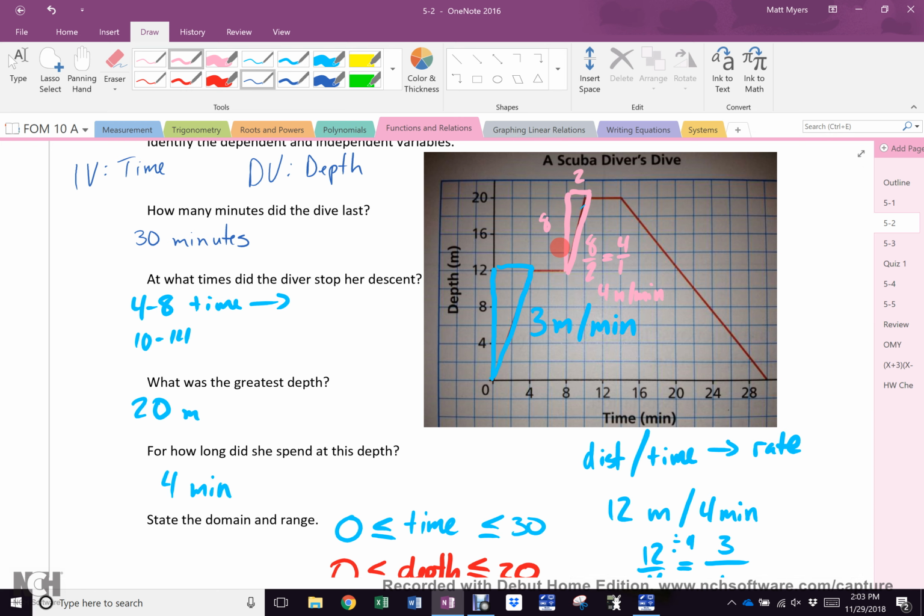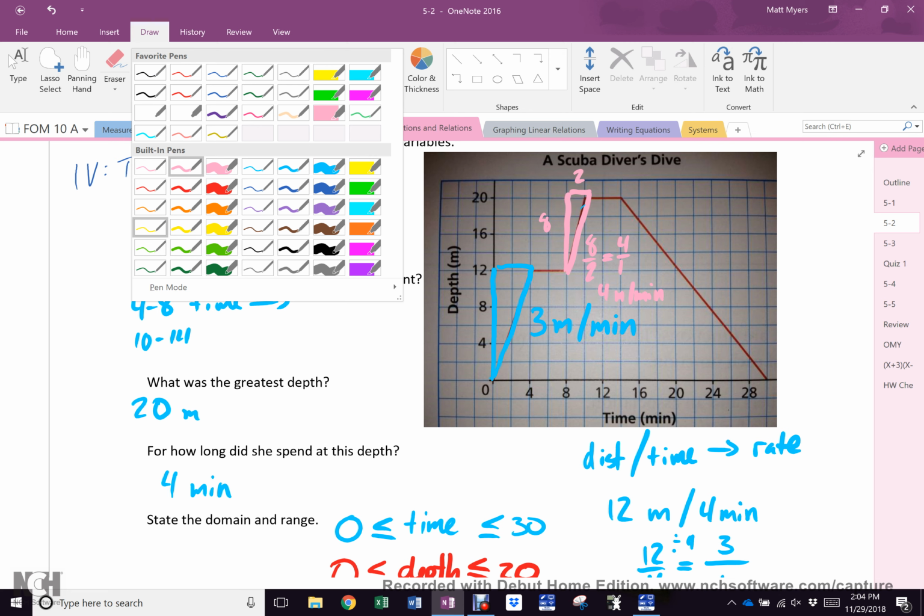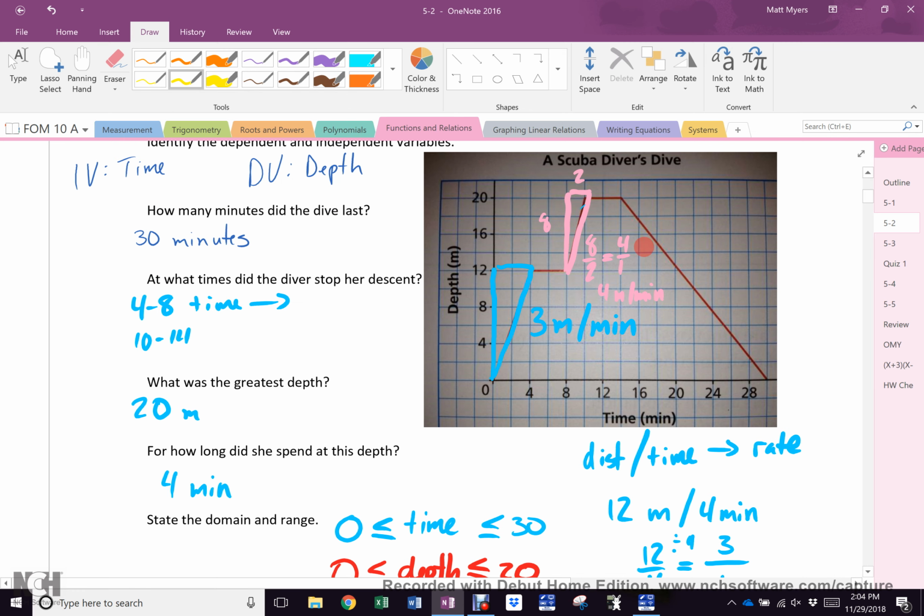Now, you tell me what her speed of ascent was. How fast did she come back to the surface? Which I will do in yellow. What's this part?